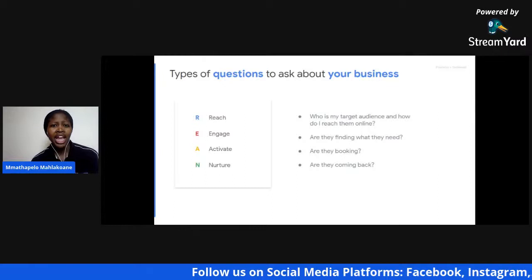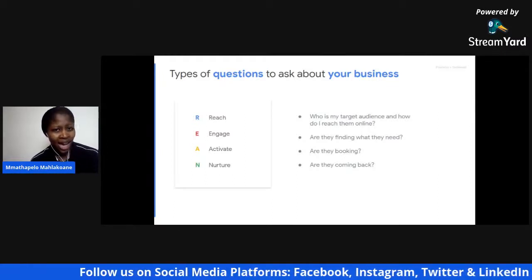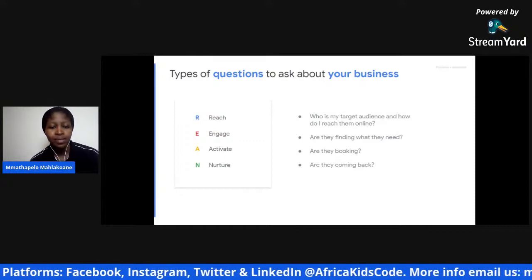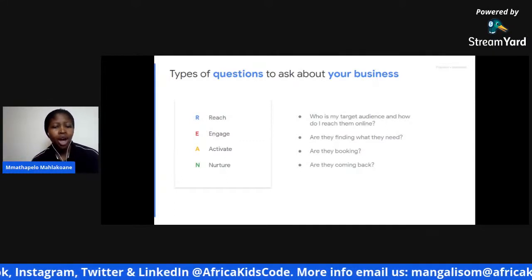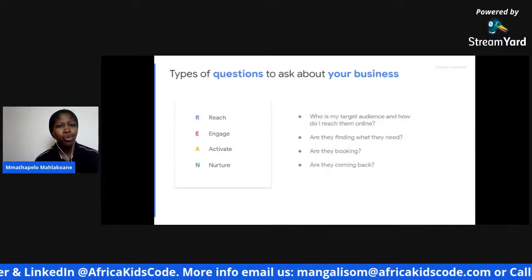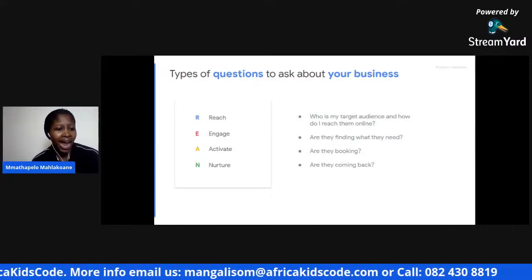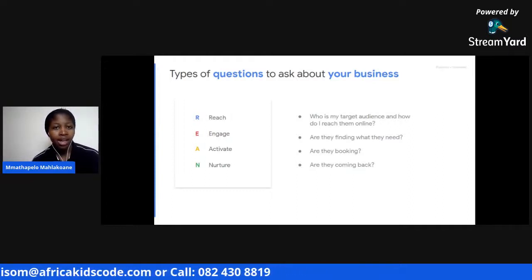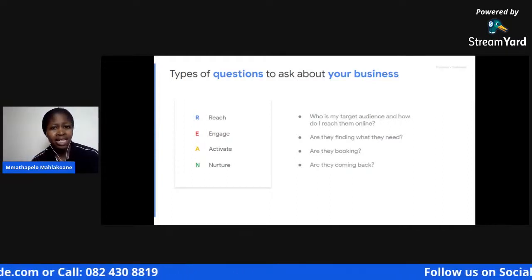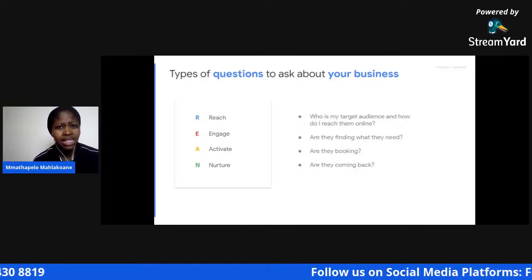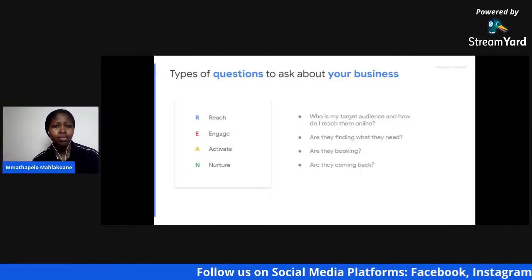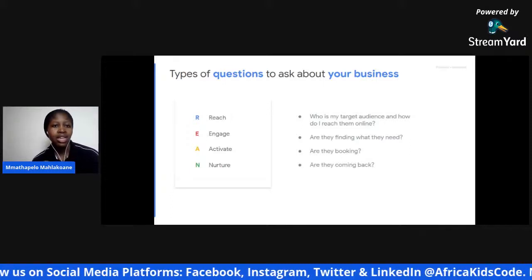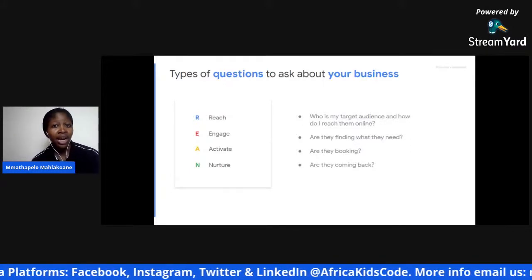Are you able to engage with them online? A stands for activate. Are they booking or are they just clicking and moving on? N stands for nurture. Are they coming back? Are they customers that are coming back to your business to buy your services or ask any other questions that they are not sure of regarding your services?